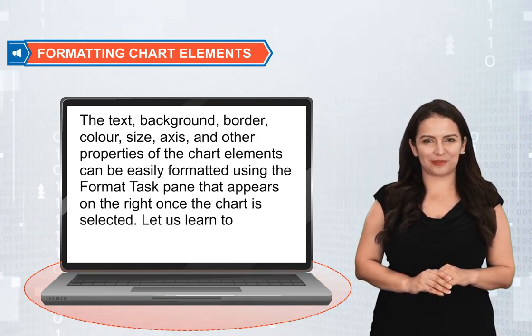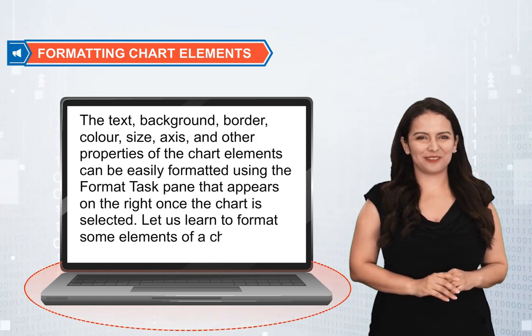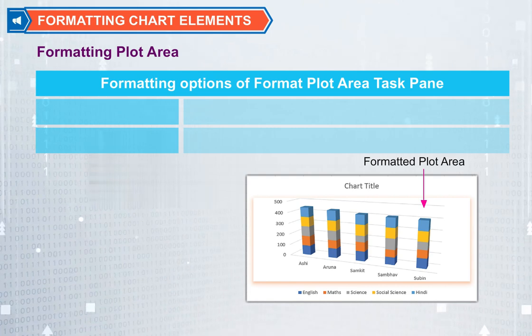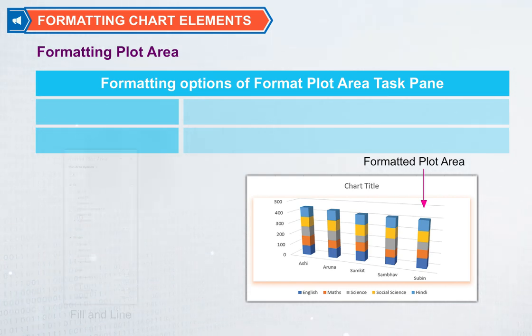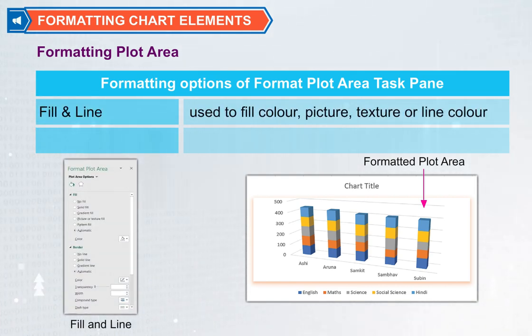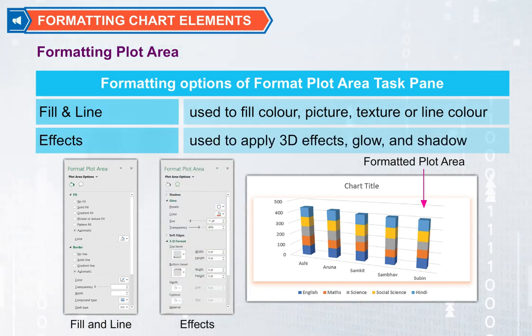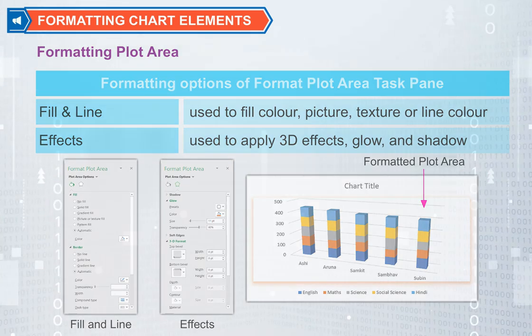Let us learn to format some elements of a chart. Formatting plot area. Formatting options of Format plot area task pane. Fill and line. Used to fill color, picture, texture, or line color. Effects. Used to apply 3D effects, glow and shadow.